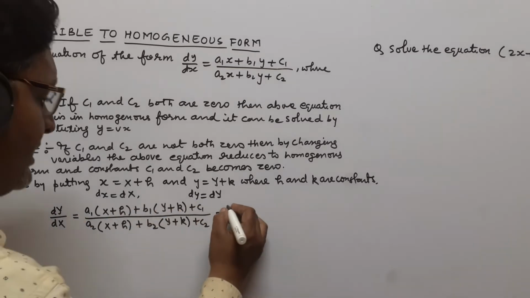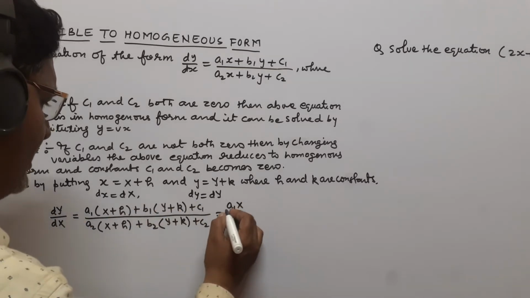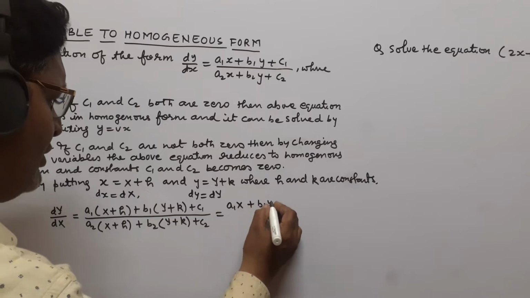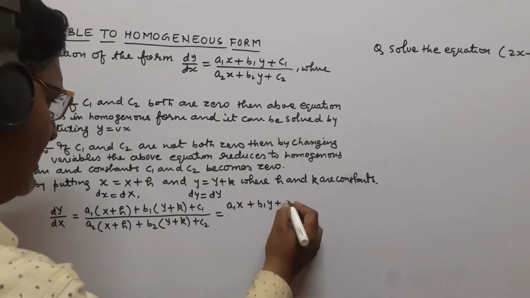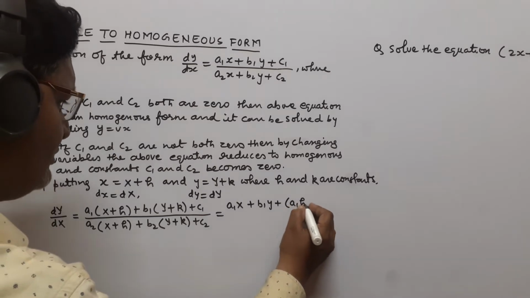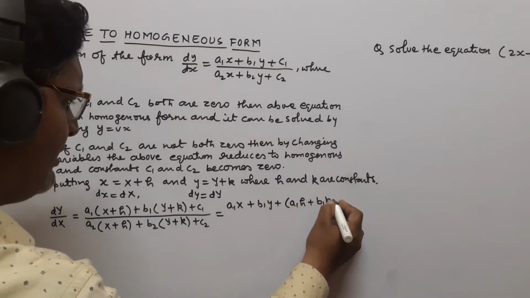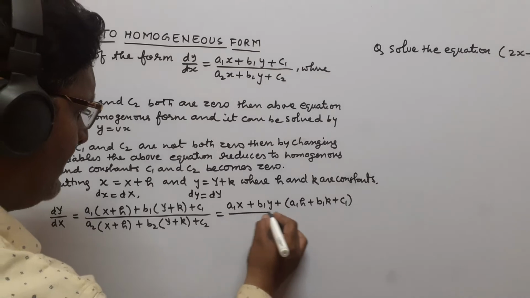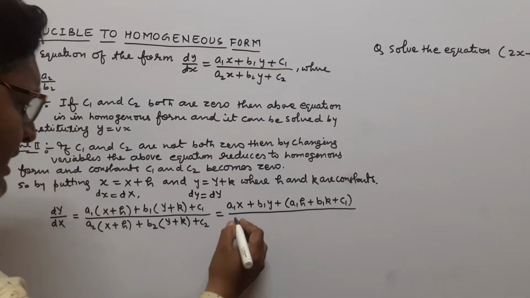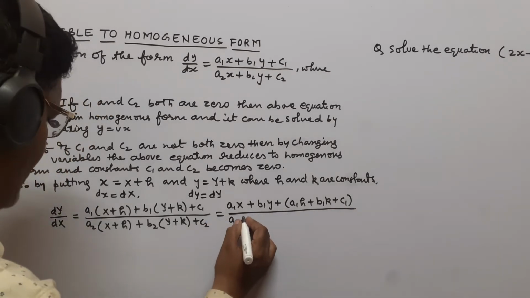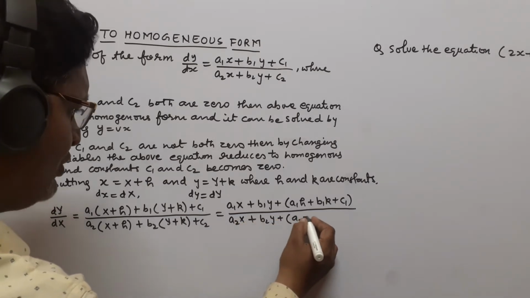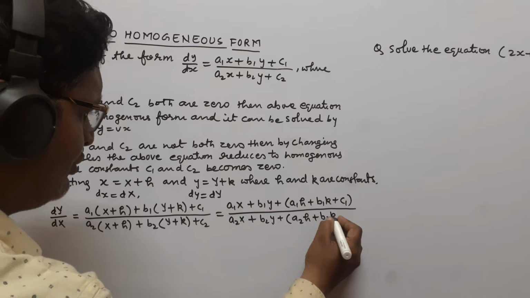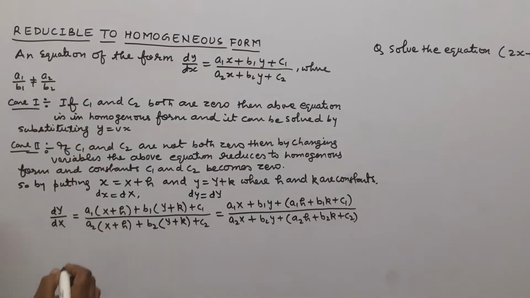Now the numerator can be reduced to a1x plus b1y plus a1h plus b1k plus c1, and the denominator can be reduced to a2x plus b2y plus a2h plus b2k plus c2.